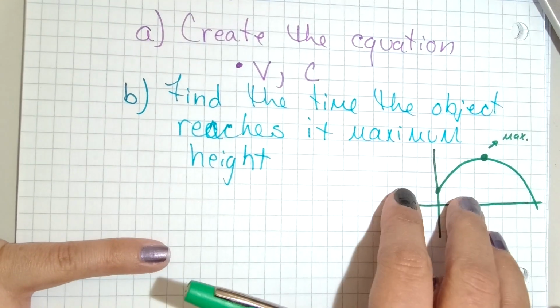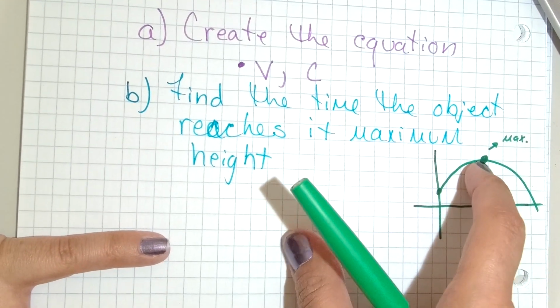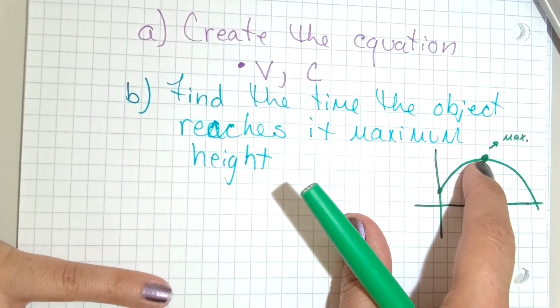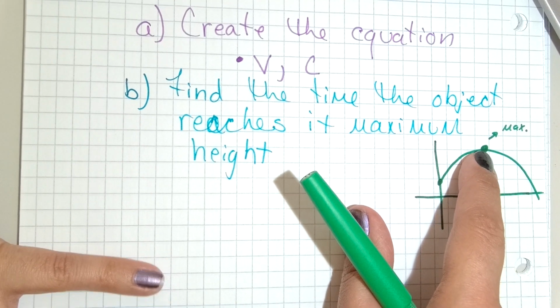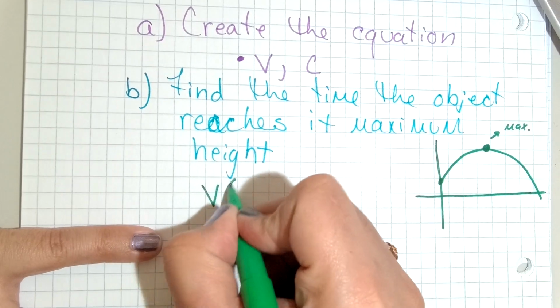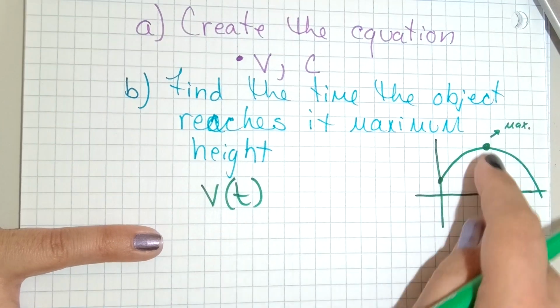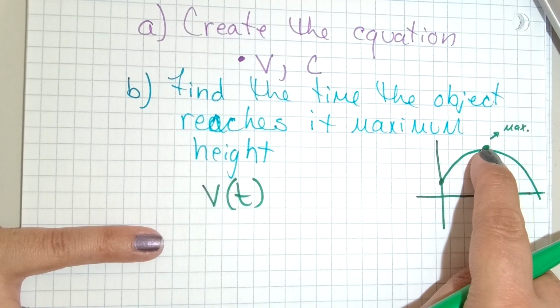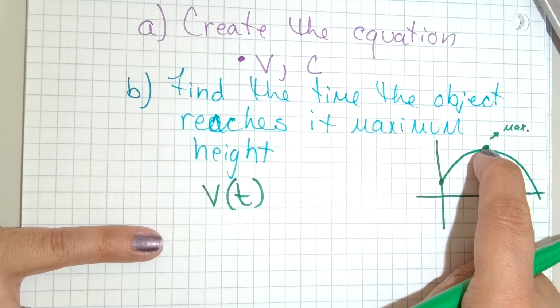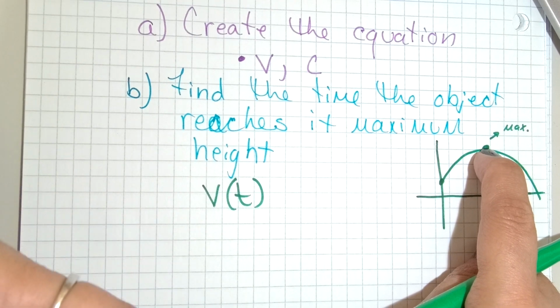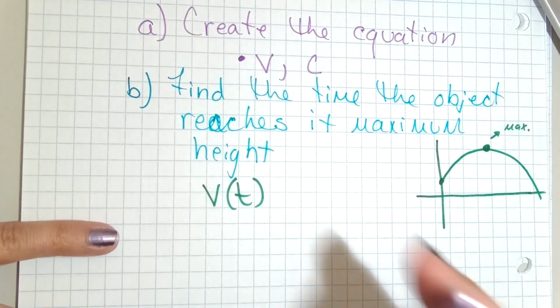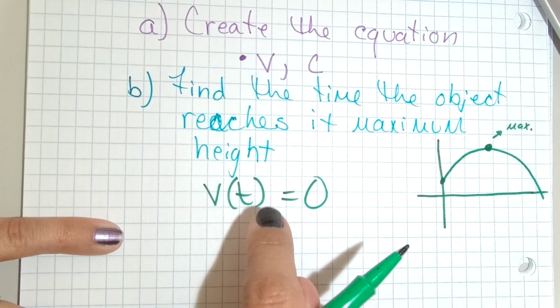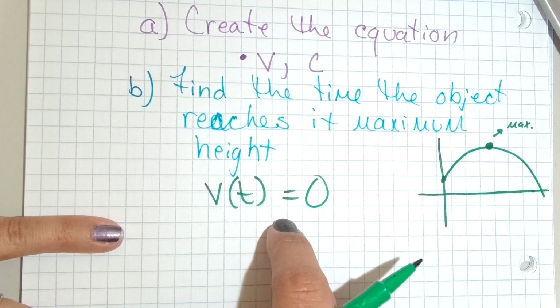So, when it stops gaining speed, what is speed called in physics? Velocity, good. So when it stops gaining speed, what is the velocity? Right, it will decrease, but it's still gaining velocity. It's 0. So we're going to have to solve for velocity when it's 0.